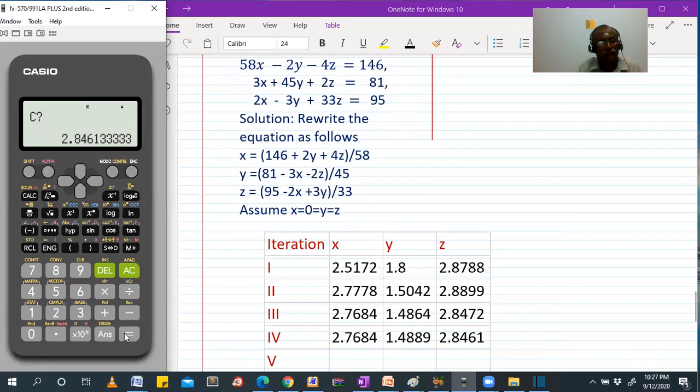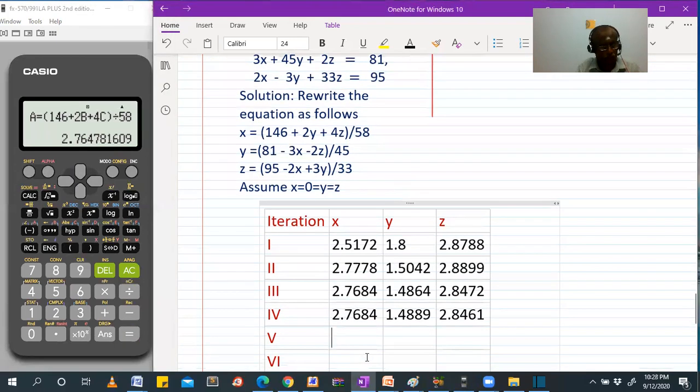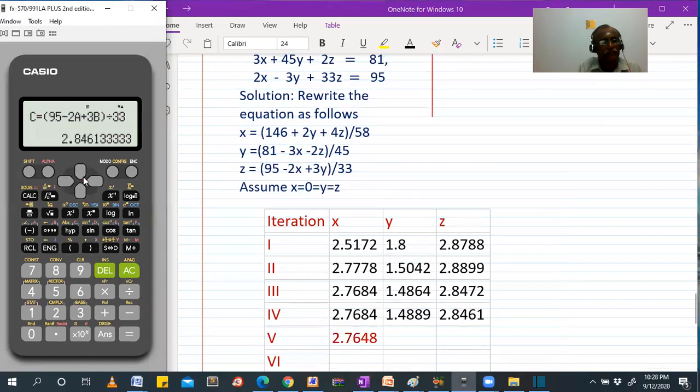It is also okay. So new x is 2.7648. Next b: calc a is 2.7684, c is 2.8461.